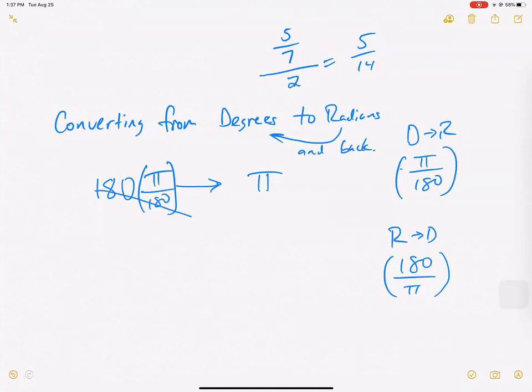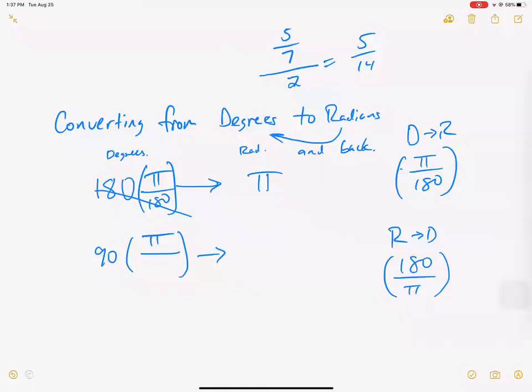Let's try this again using a different angle. 90 degrees. Okay? I want radians. I have degrees. So how do I go from degrees to radians? Remember, I want radians, so I write radians on top. If I want to have radians, I need to get rid of degrees.